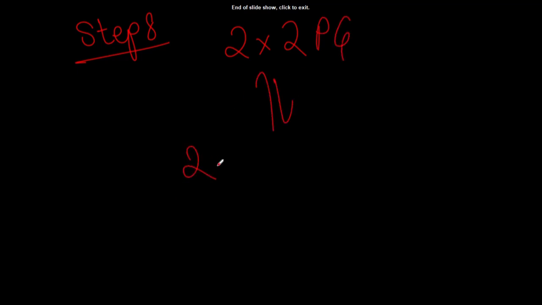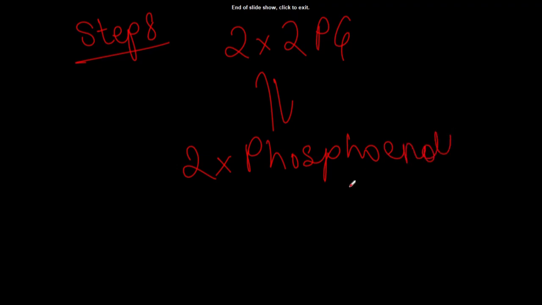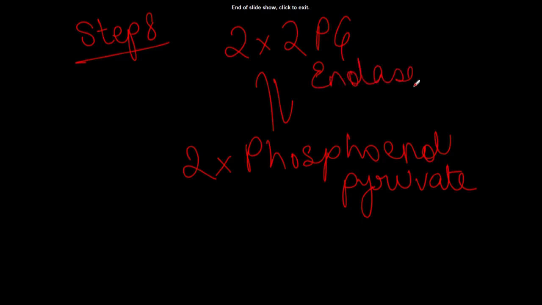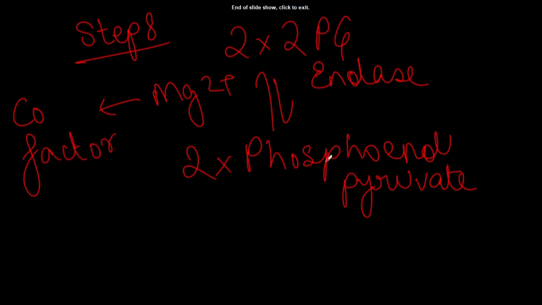So step number 8. In this step, 2 molecules of 2-phosphoglycerate get converted into 2 molecules of phosphoenolpyruvate by the action of enolase, where Mg2 plus is a cofactor.